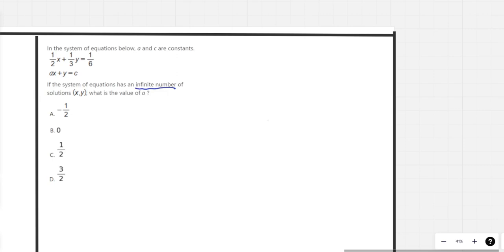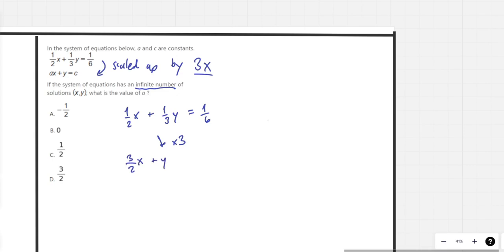In order for them to be exactly the same, I need all the coefficients to match, but I can't just match 1/2 with a, because notice that this equation is actually scaled up by a certain factor. In this case, it's multiplied by 3. You see the 1/3 y becomes just y. So 1/2 x plus 1/3 y equals 1/6. In order to match that up, we have to multiply by 3 to get 3/2 x plus y equals 1/2.